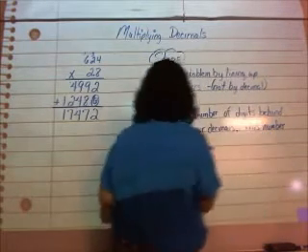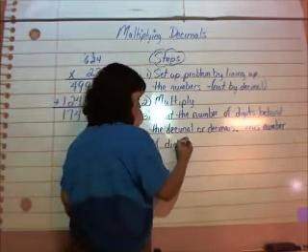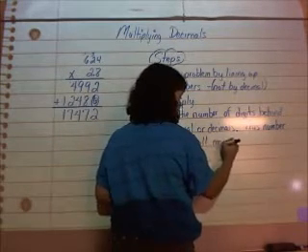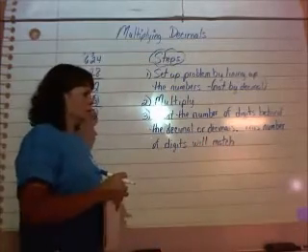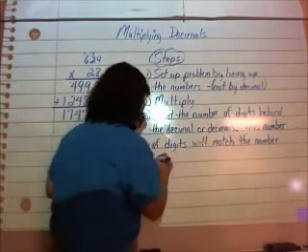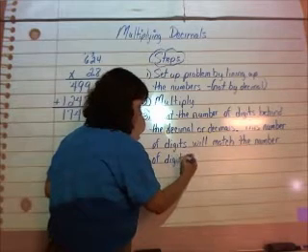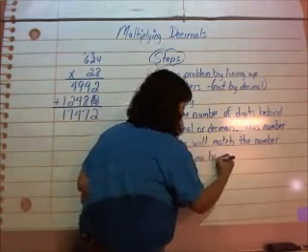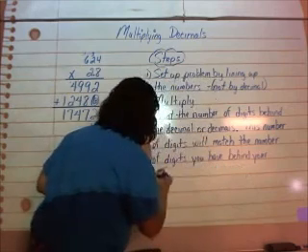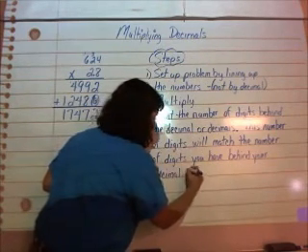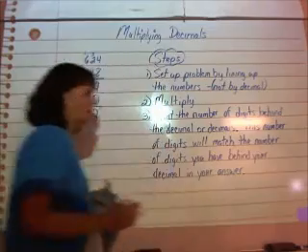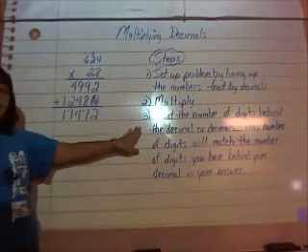So you're going to count the number of digits behind the decimal or the decimals.